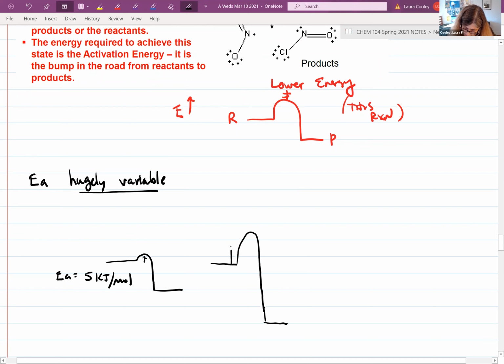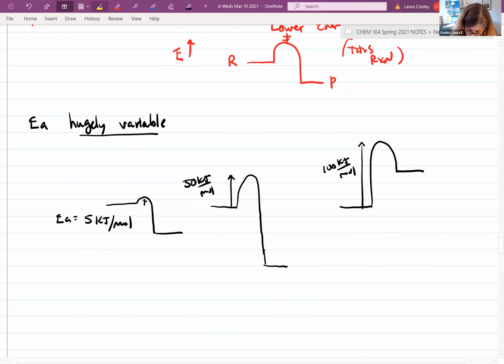It could be 50 kilojoules per mole. And let me not leave endothermic out of this. You can have a situation where that's 100 kilojoules per mole. So you could see you have quite a difference, 5, 50, and 100. And believe me, there's more variation than that.